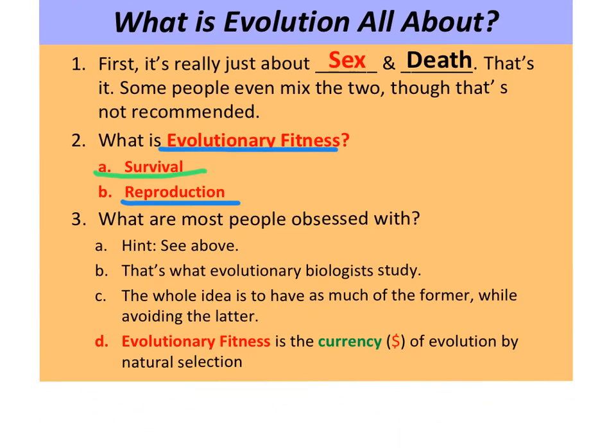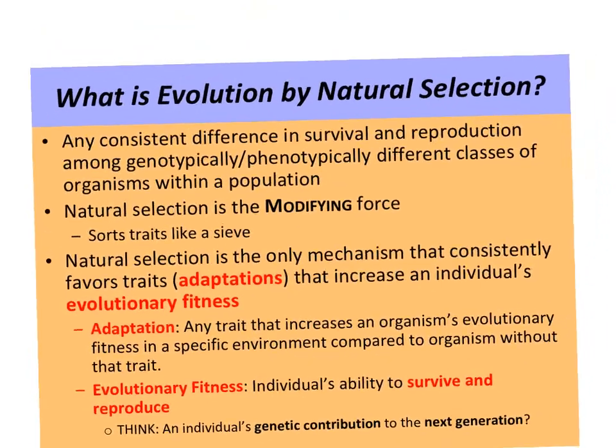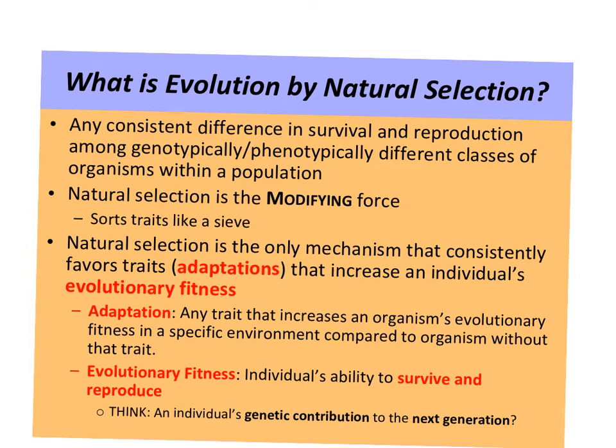If I have lots of dollars, I'm going to produce lots of offspring. Okay, and that's the currency of evolution by natural selection. Those with more beneficial alleles survive longer because they have the right alleles and the right phenotype to survive, and they reproduce more successfully compared to other individuals who don't. Okay. So what is evolution by natural selection?